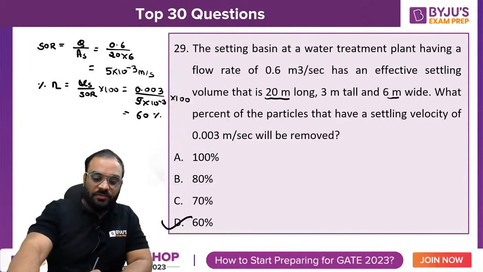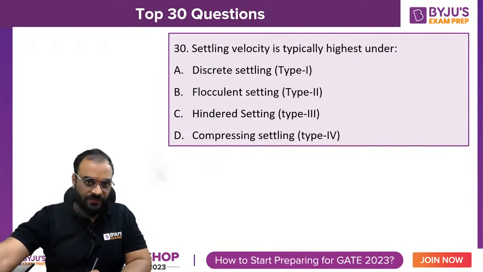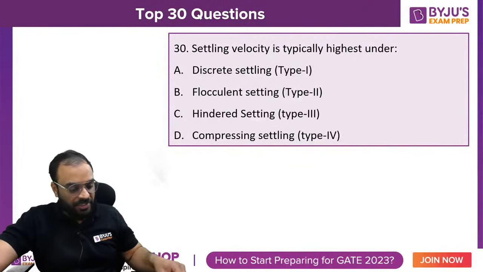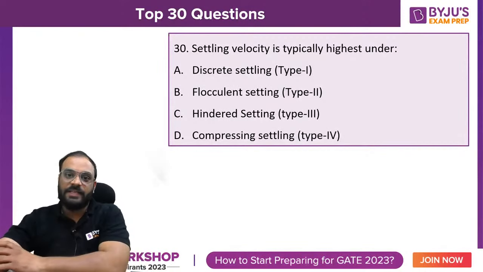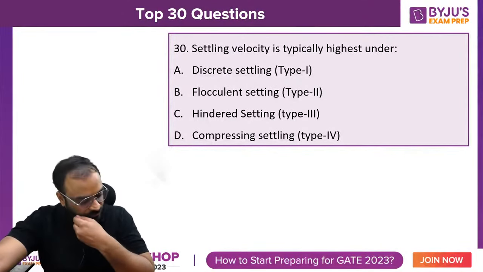Now let's solve the last question of the session, which is again based on settling velocity of sedimentation tank. Settling velocity is typically highest under which particular condition?